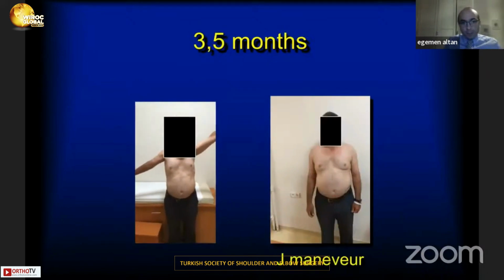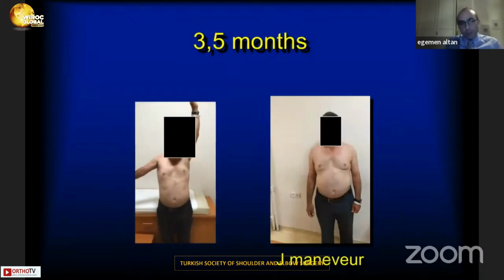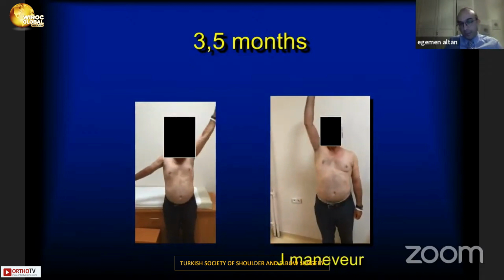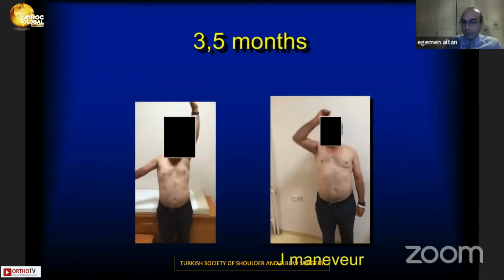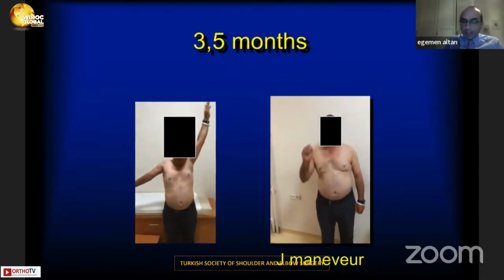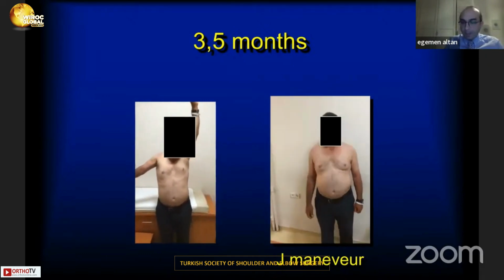After 3.5 months, on the left side, as you see, this patient still has some problems with abduction. But on the right side, as you see here, when he triggers his latissimus dorsi transfer with a J maneuver, he can abduct or elevate his arm easily.